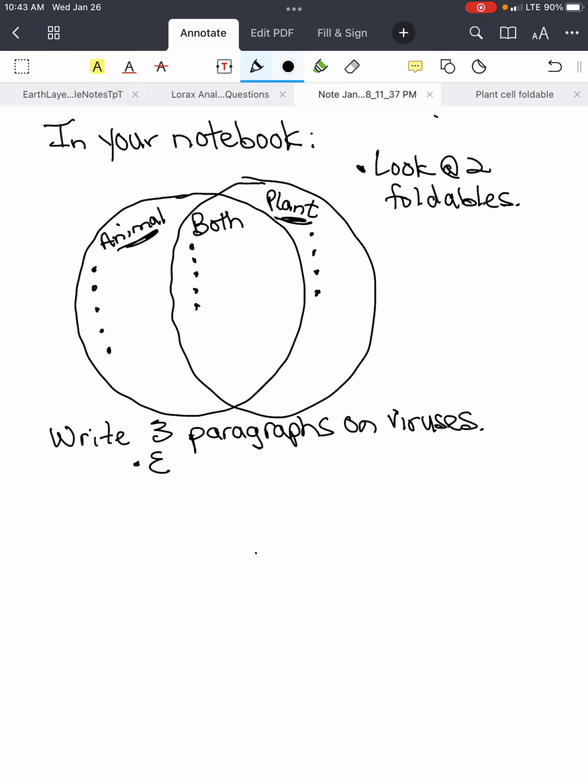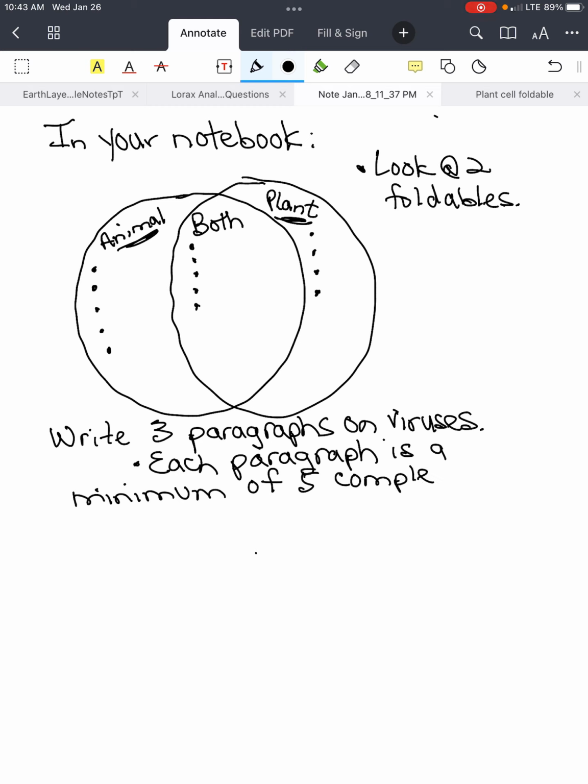Now, each paragraph is a minimum of 5 sentences, 5 complete sentences. Remember, do not start a sentence with the word it or they or because, as that is not a complete sentence.